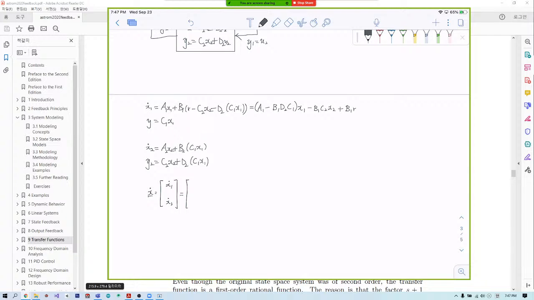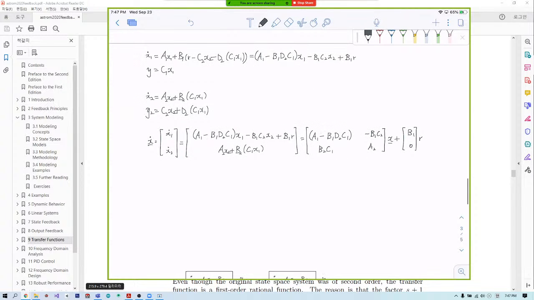And rearranging things, we have this term minus B1 C2, B2 C1, and A2 multiplied to x, plus we have B1 that goes up here, and we got no r related terms down there, so this is our B matrix.